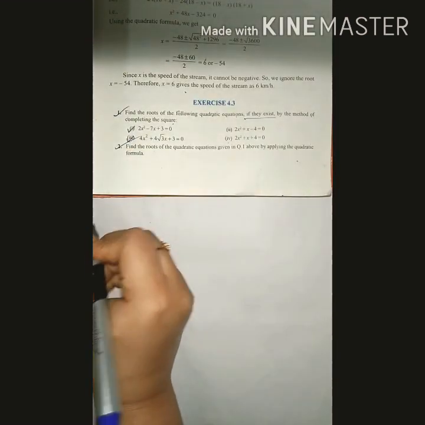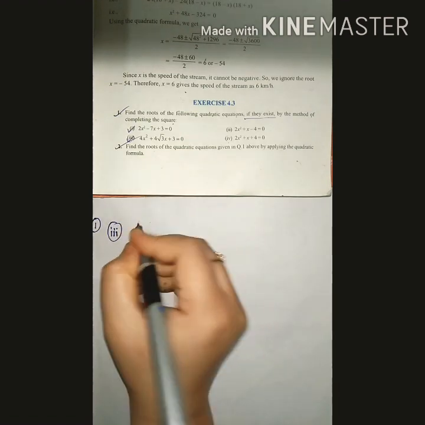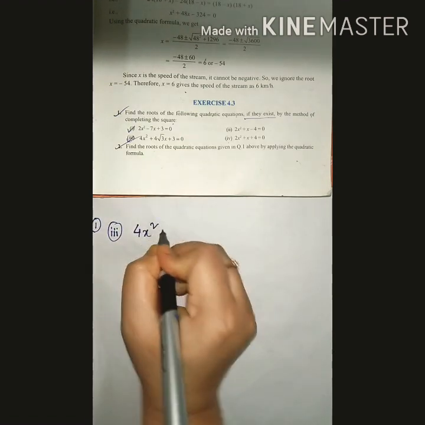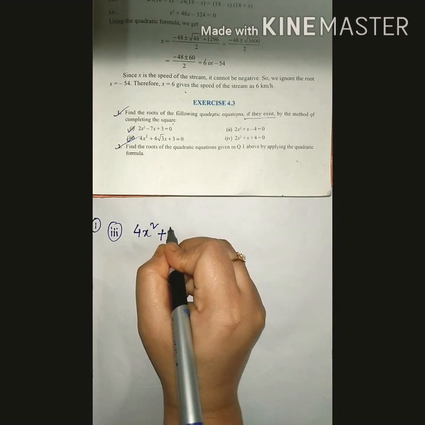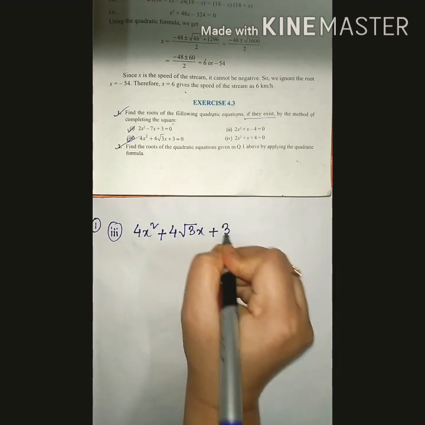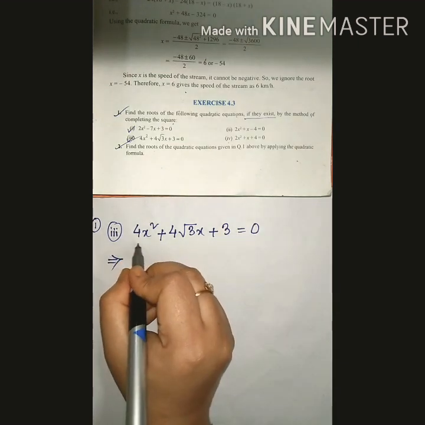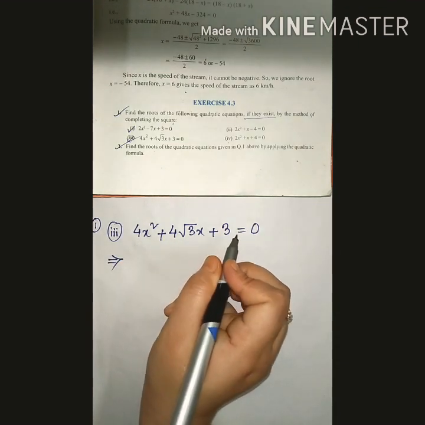So let us write what is given. 4x² + 4√3x + 3 = 0. Now you see, we no need to multiply it by 2 or 3, isn't it?